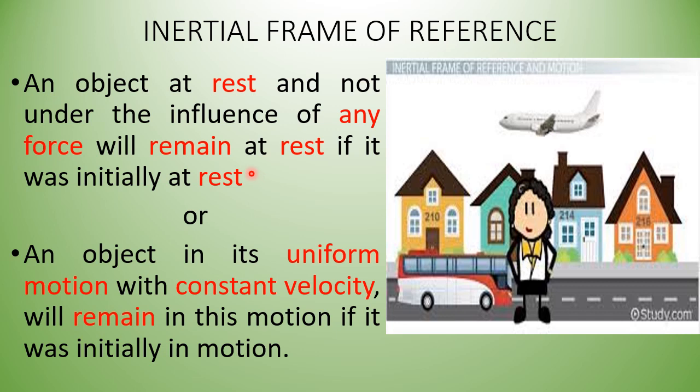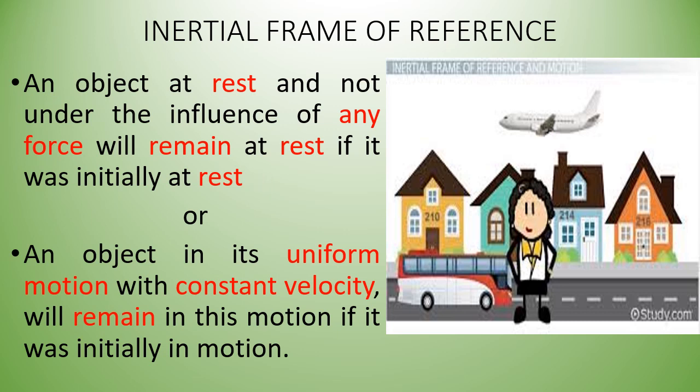So this is a very simple explanation of the inertial frame of reference. Objects at rest and not under influence of any force will continue to remain at rest. And objects in uniform motion with constant velocity will continue to remain in this motion if it was initially in motion.